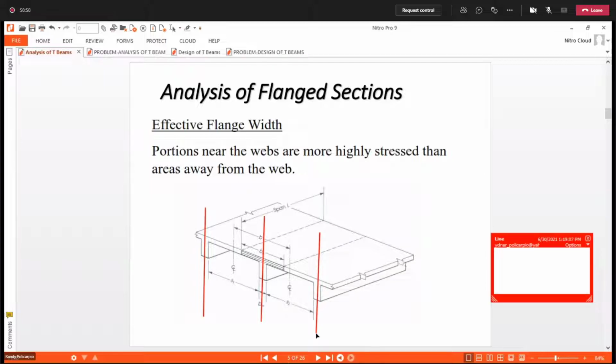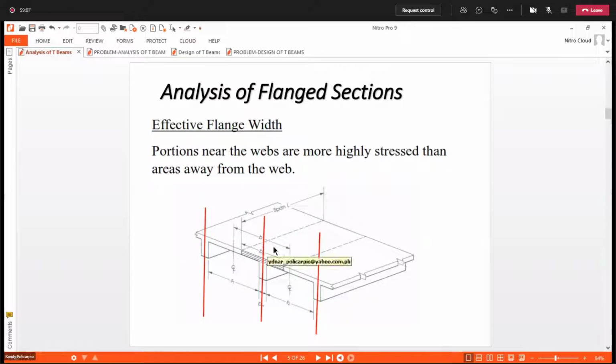Ayan, no? So ang gagawin mo dyan, okay, you get the half of this distance, also the half of the distance here. Okay, you add those two half distances. Okay, that will be the center to center spacing between beams.